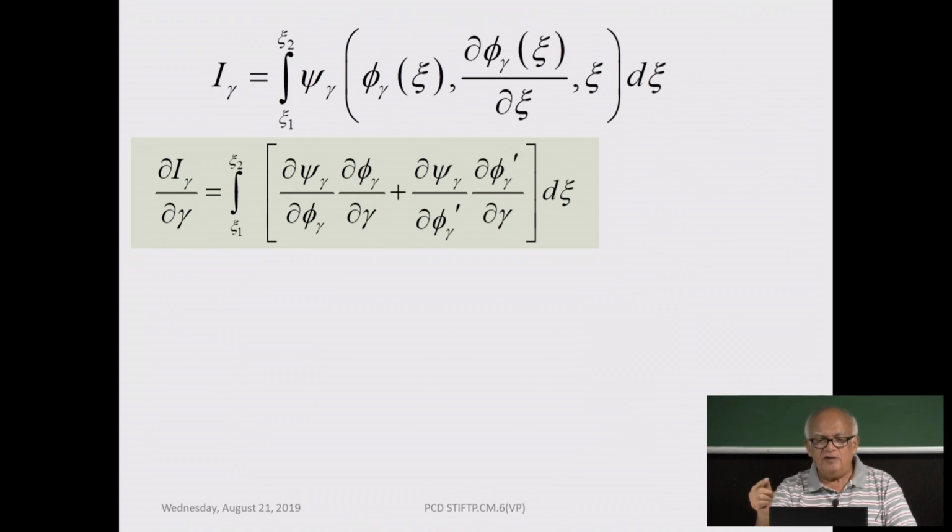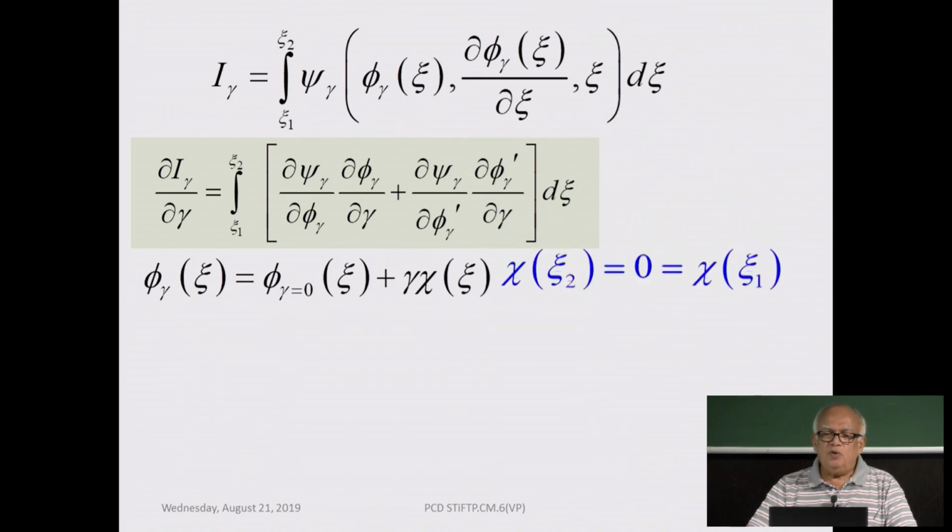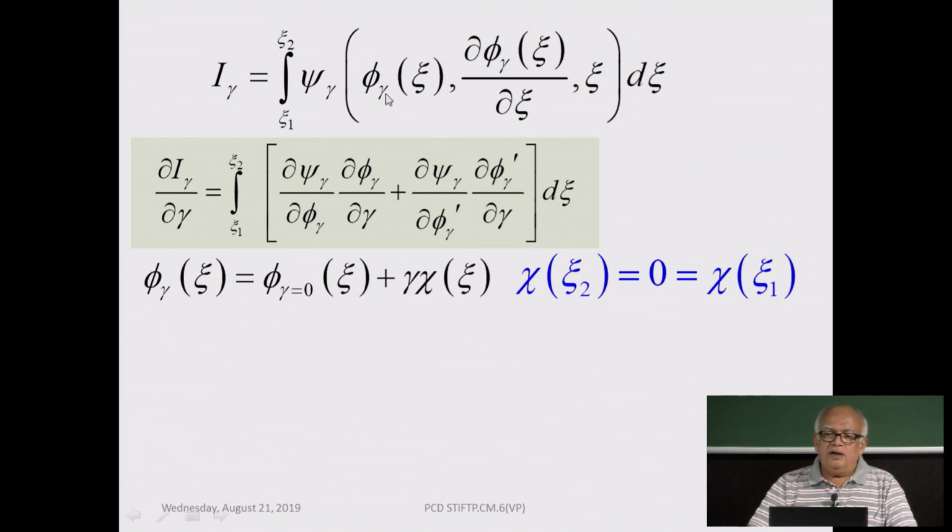So, you find the partial derivative of I with respect to gamma, and notice that you have this term depends on phi gamma. So, the rate at which it changes with xi also depends on gamma, but xi is an independent variable, this has nothing to do with gamma.